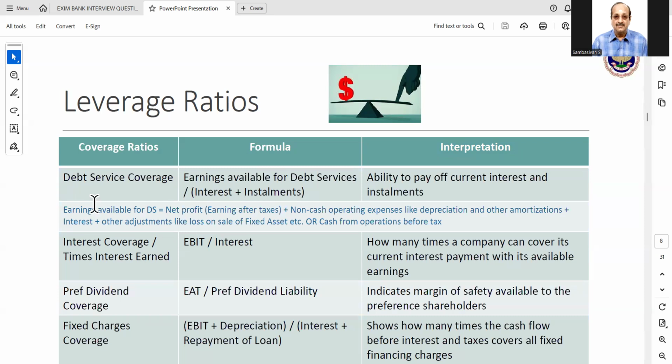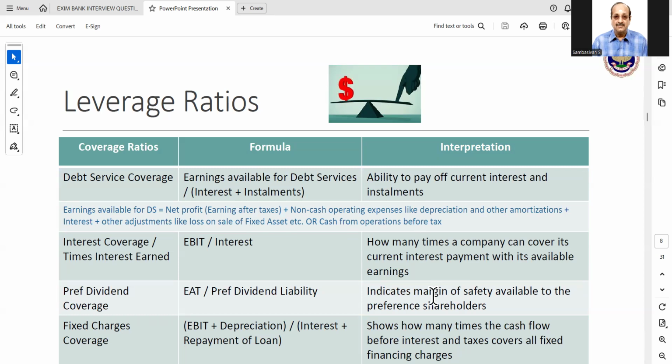Earnings available for debt service: net profit, earnings before taxes plus non-cash operating expenses like depreciation and other amortizations plus interest plus other adjustments like loss on sale of fixed assets, or cash from operations before tax.